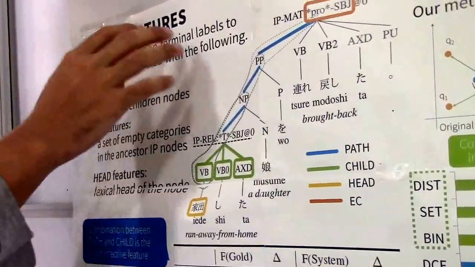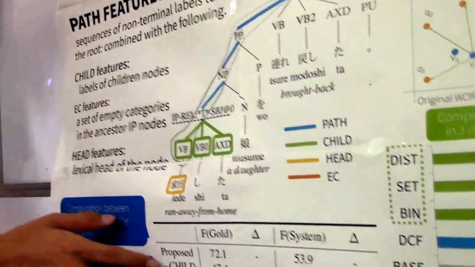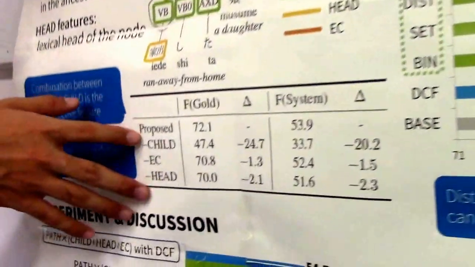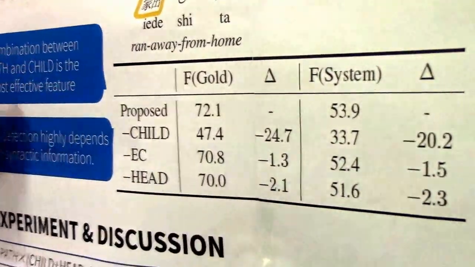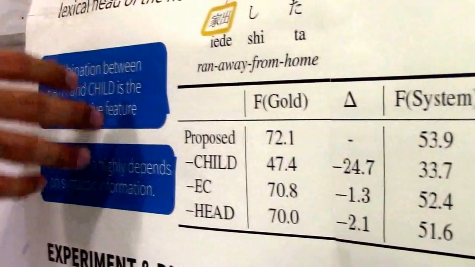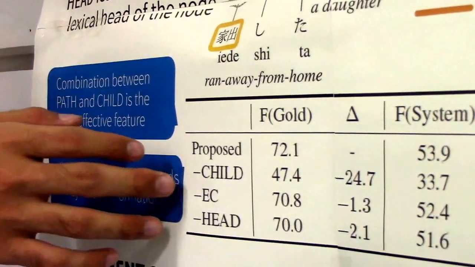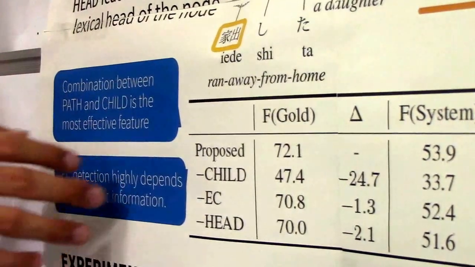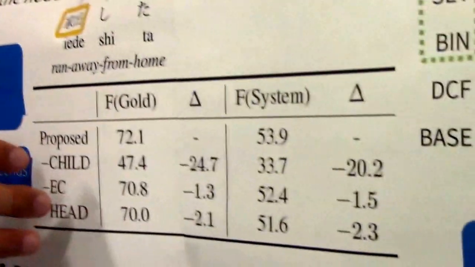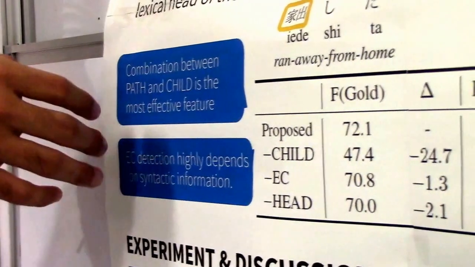The result shows the combination between path features and child features is the most effective feature. This result indicates empty category detection highly depends on the syntactic information.